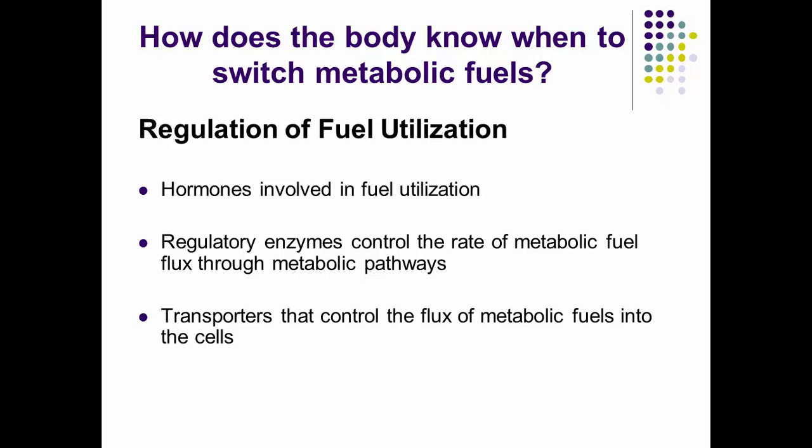The CPT1, pyruvate dehydrogenase, glucokinase, ACC, all these enzymes involved in metabolic fuel metabolism can be controlled or regulated by substrate or by hormones. So then you control the whole metabolic pathway activities, and also the transporters that control the flux of metabolic fuels into the cells. For example, glucose transporters, right? GLUT4 is also an important regulatory point.